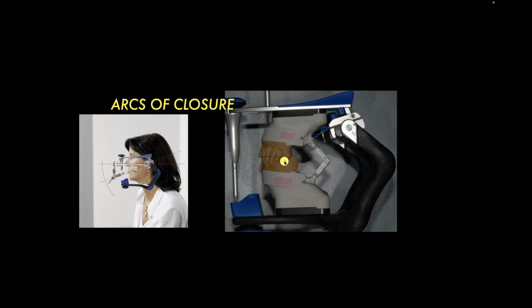But I want you to notice something really important here. This would be the arc of rotation in a human's head, right? It's under the auditory meatus, their center point of rotation in the joint. And on the articulator, you can see where that is. When you come down here to my new center point of rotation on one of these little plastic articulators, that changes how the teeth function.